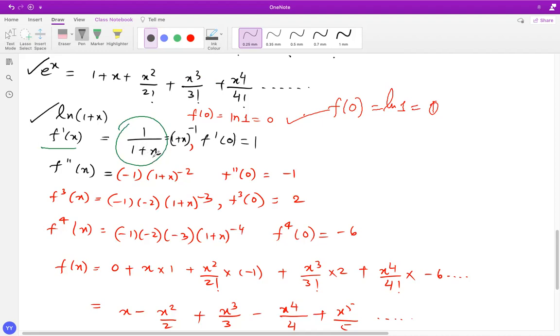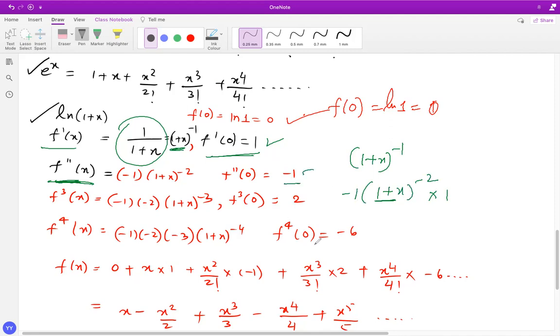If I plug in x as 0 here, I get f dash 0, which is 1. Now for f double dash x, I take 1 plus x to the power negative 1 and differentiate it. There'll be negative 1 times (1 plus x) to the power negative 2 times the derivative of 1 plus x, which is 1. If I plug in 0, I get negative 1.